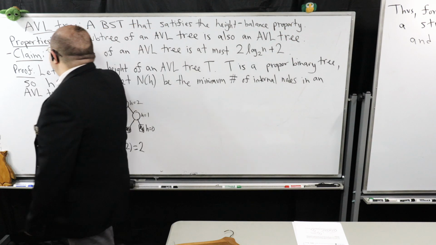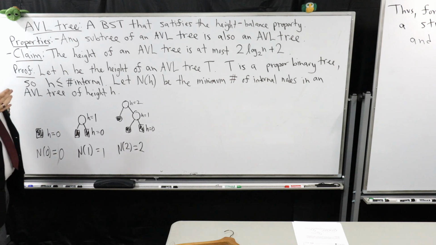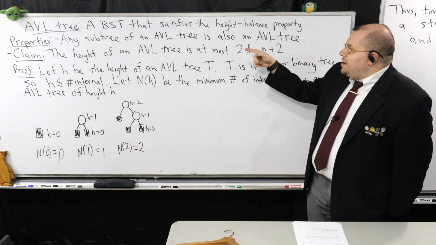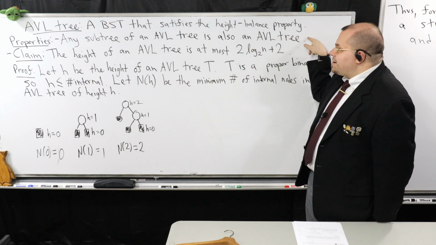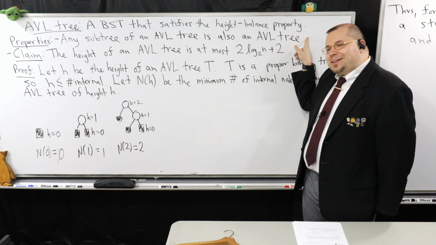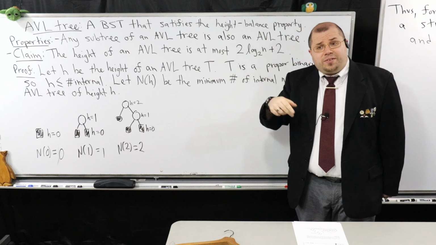So the first thing, and this is really what's going to help motivate why we might want to develop or come up with these so-called AVL trees, is the first property: any subtree of an AVL tree is also an AVL tree. You could quickly and easily establish this fact by the definition of an AVL tree.